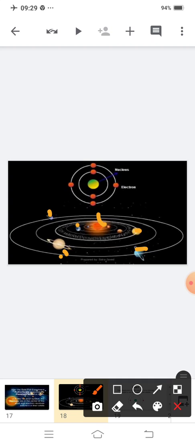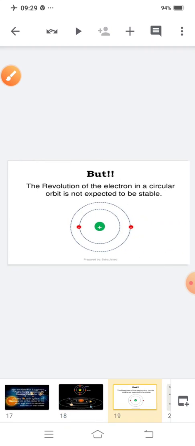That means they are acting like electrons. Similarly, in an atom, the nucleus is the sun and the electrons revolving around the nucleus are the planets. So Rutherford compared the structure of the atom with the solar system. But the revolution of the electron in a circular orbit is not expected to be stable. Is this clear?